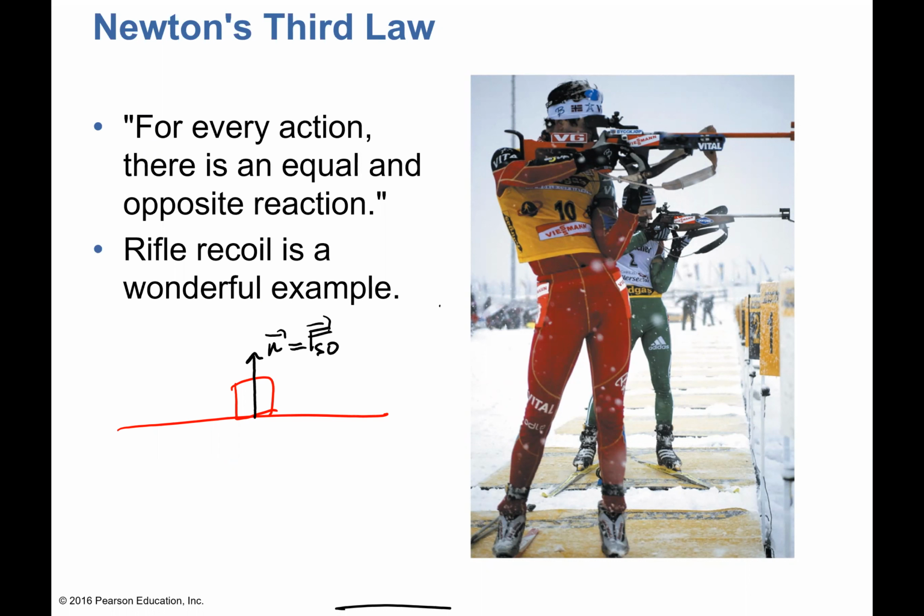But here's the thing. When the surface exerts a force on the object, at exactly the same time, the object then exerts a force on the surface. And this force is in the opposite direction.